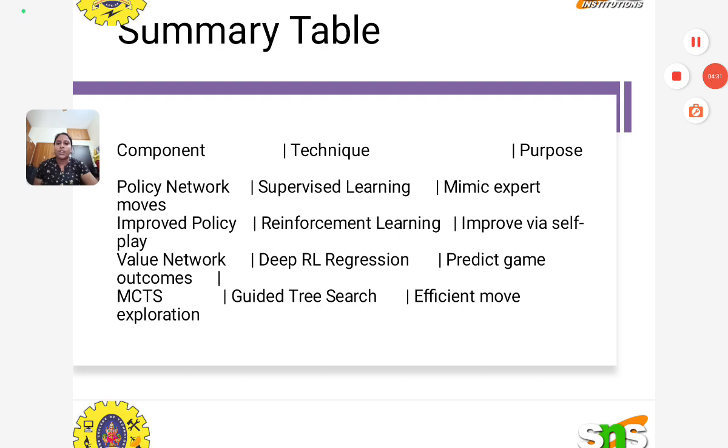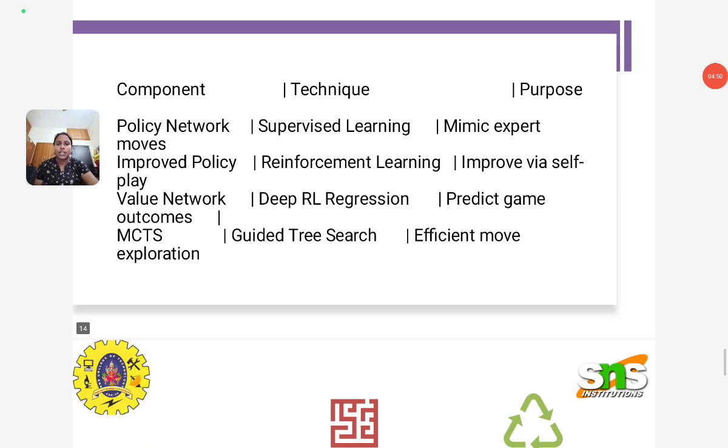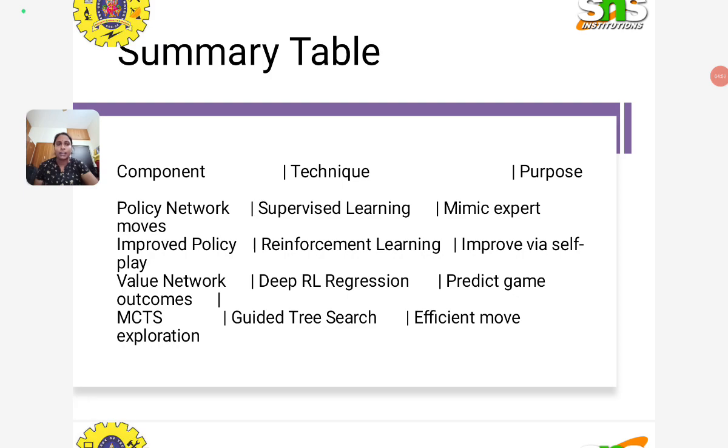The value network uses deep reinforcement learning regression to predict game outcomes. MCTS exploration is for guided tree search, and it is efficient for moves. So this is the summary table for reinforcement learning algorithms in the AlphaGo case study.